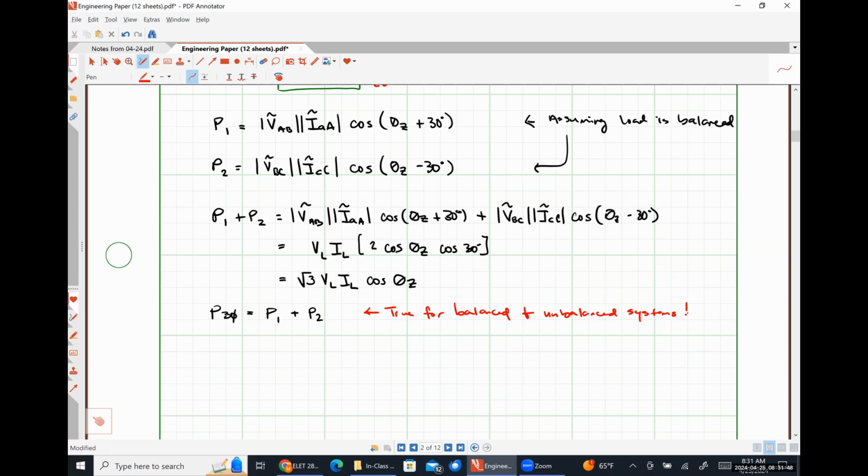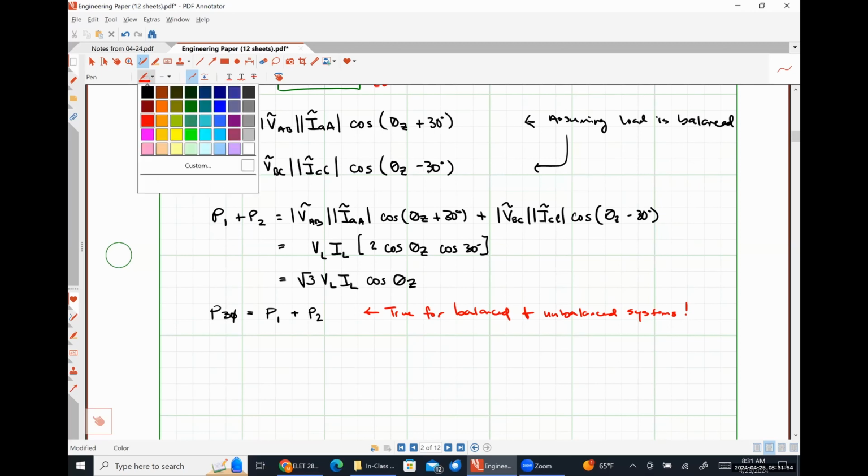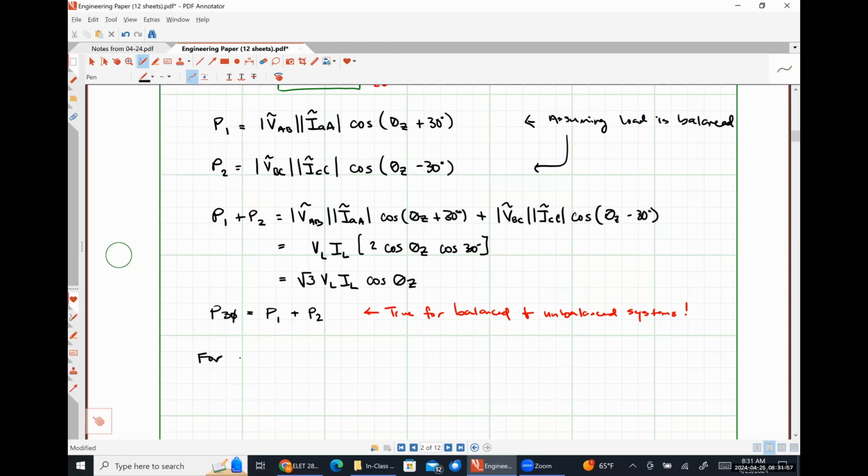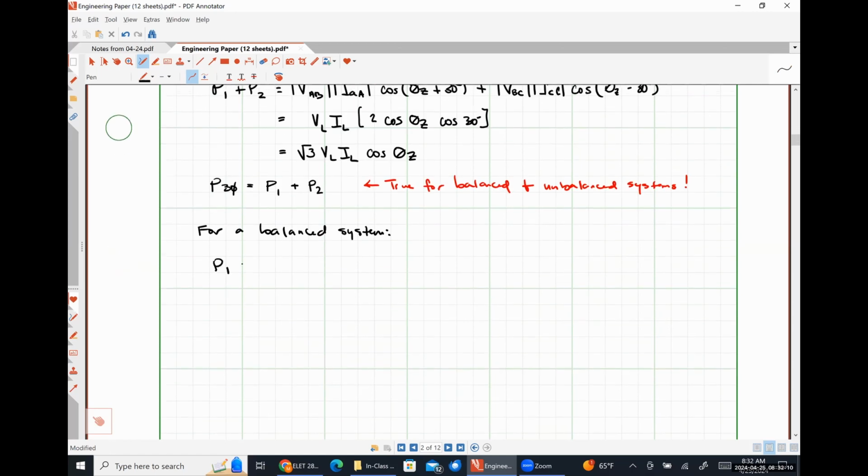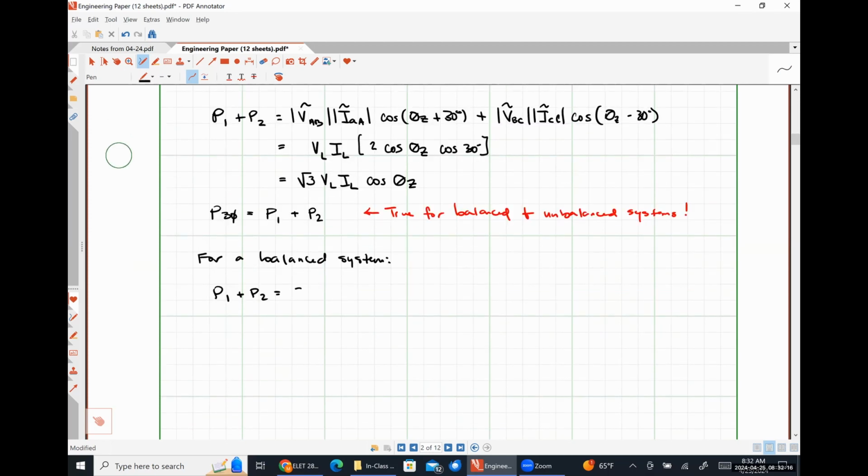Now, let's say that we're working strictly with a balanced system, okay? We know that P1 plus P2 comes out to be twice VL IL cosine theta z cosine 30 degrees.